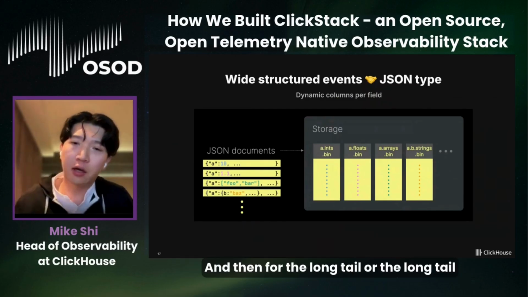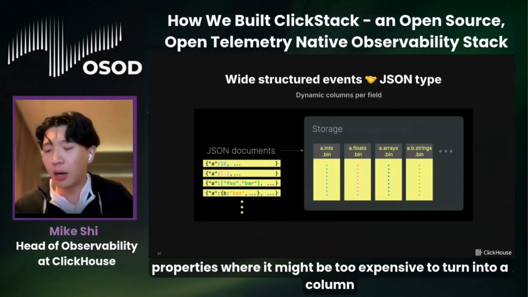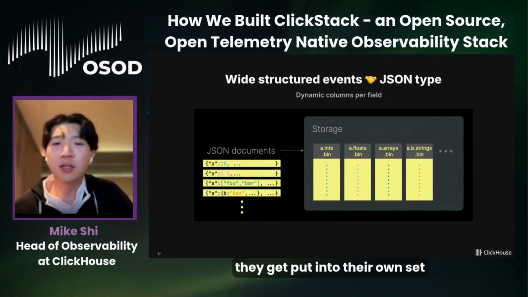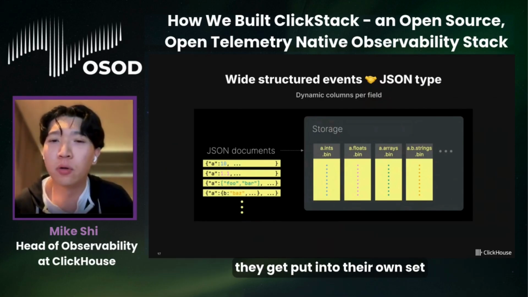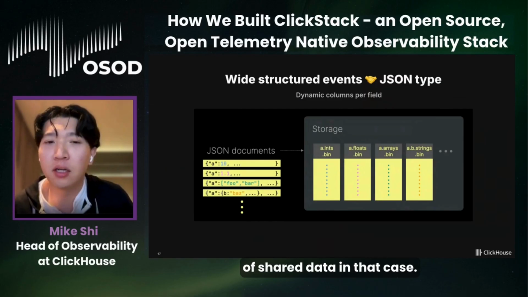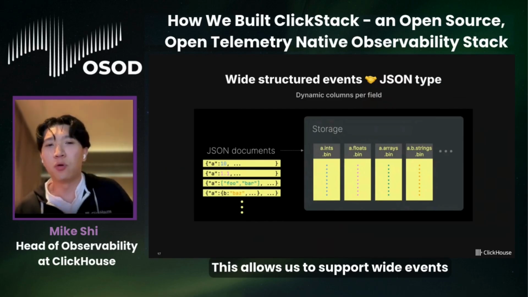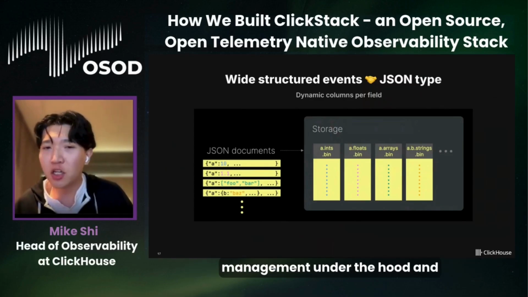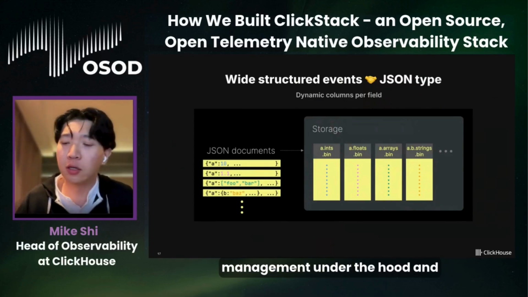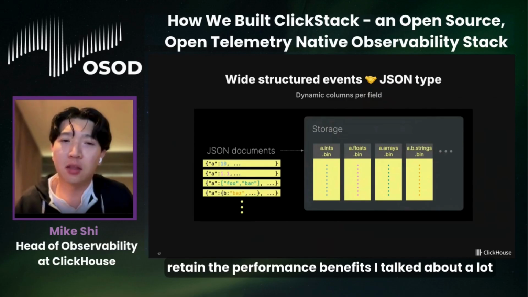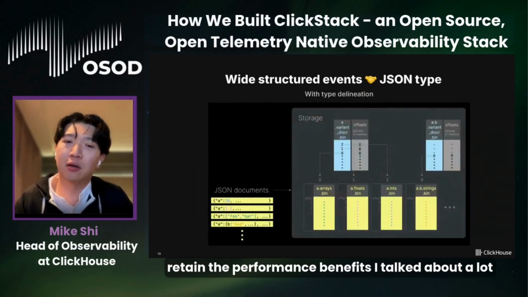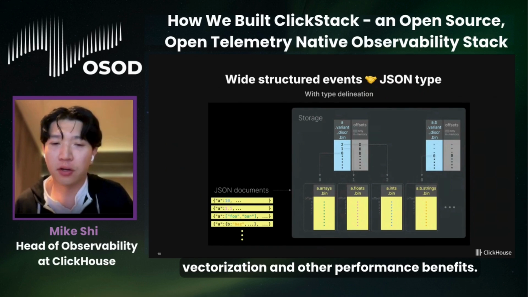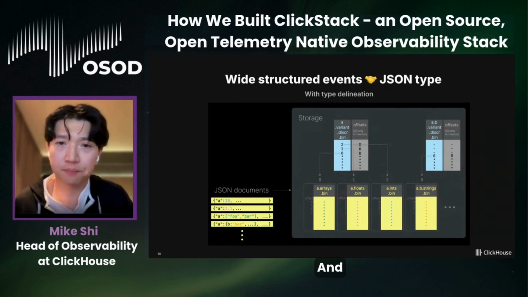And then the long tail of properties, where it might be too expensive to turn into a column because it doesn't happen that often, get put into their own set of shared data. In that case, this allows us to support wide events without having to worry about a ton of schema management under the hood, and still, of course, retain the performance benefits I talked about earlier in terms of why columnar has vectorization and other performance benefits.